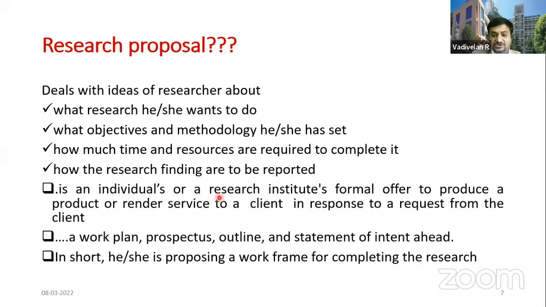Sometimes it may be an individual or a research institute's formal offer. Sometimes they may produce a product or render a service to a client in response to a request from the client. Or you may call it a work plan, a prospectus outline, and a statement of intent ahead. So finally we can say, in short, she is proposing a framework for completing the research. So we can say it is a work frame.